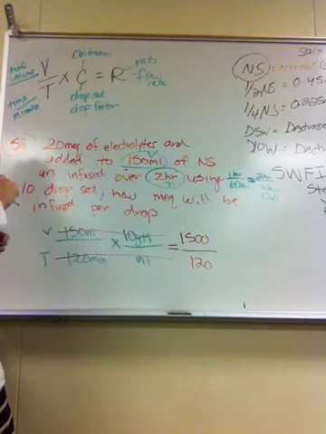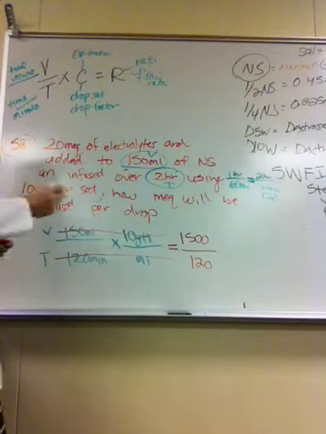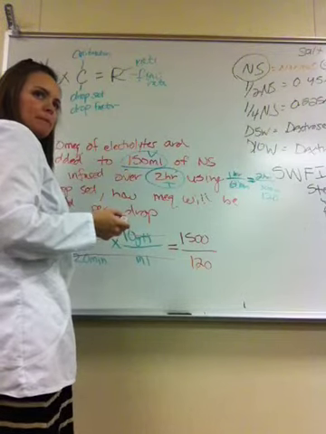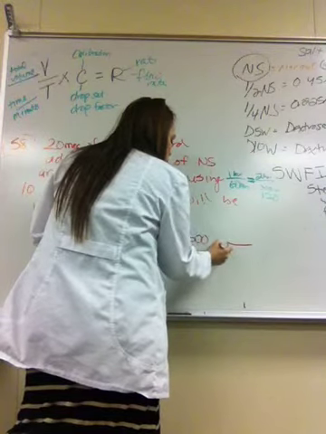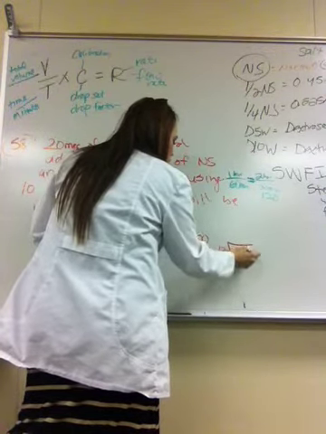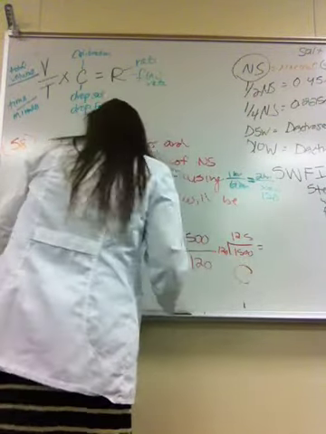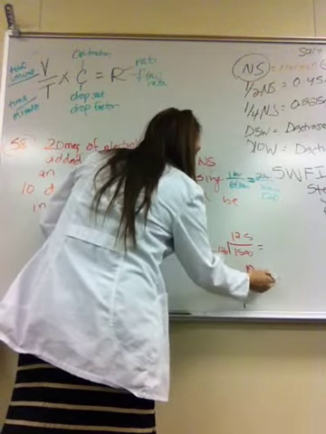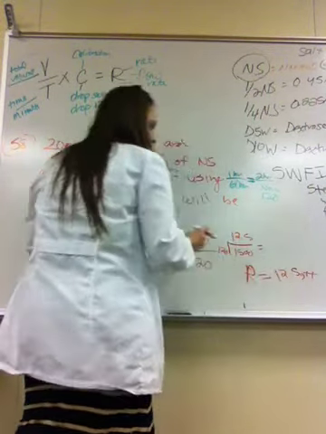To figure out our drops per minute, all you do is 120 into 1,500, which is 12.5. So our R equals 12.5 drops per min.